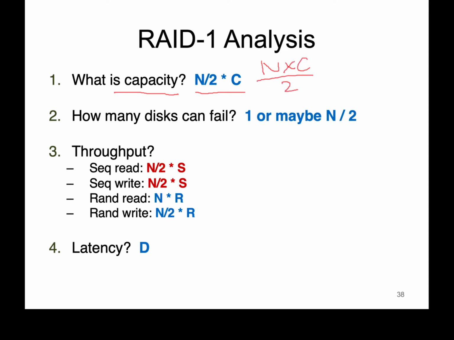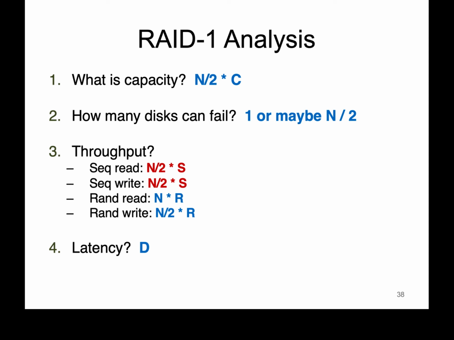So this is the capacity metric. And obviously this is only half of the theoretical upper bound, which is naturally enabled by RAID 0. In RAID 0, the capacity metric has a value of n times c, right? So this is the theoretical upper bound. Okay, so this is capacity.